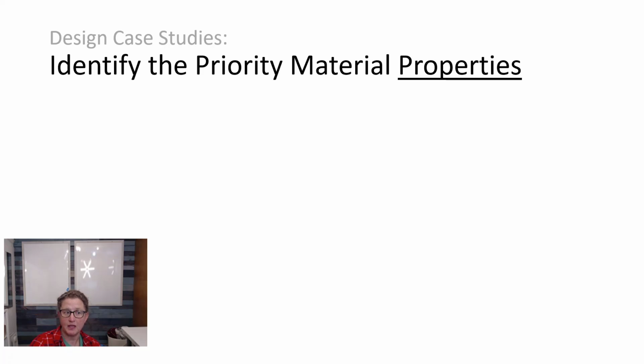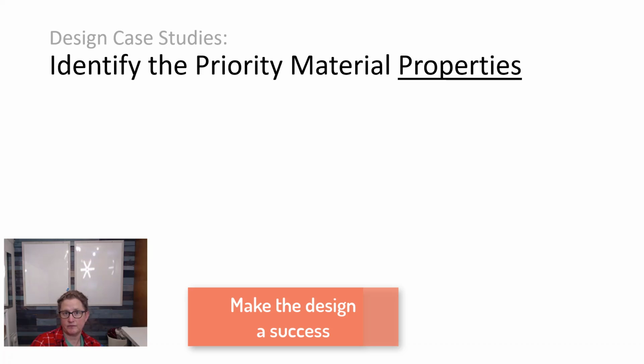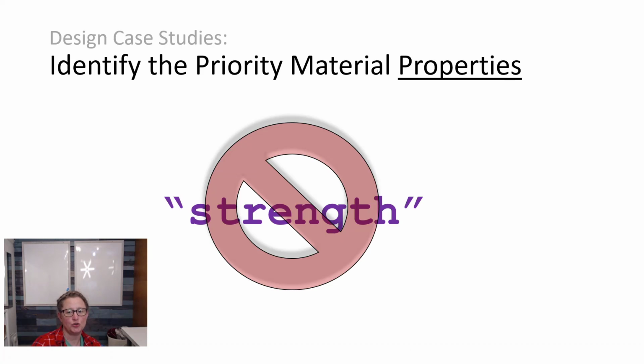All right? So here are your 4 case studies. Identify the material properties that are the priority to make the design a success. And I have one rule. You can't use the word strength. It's way too vague.